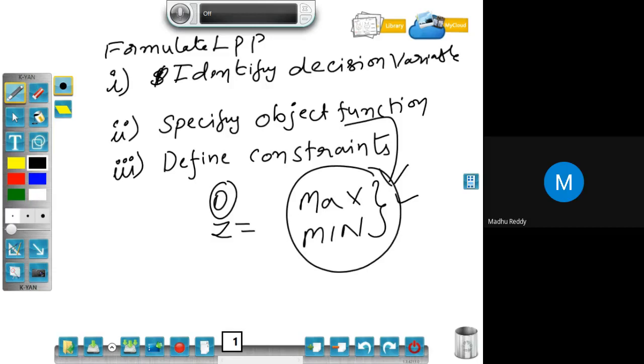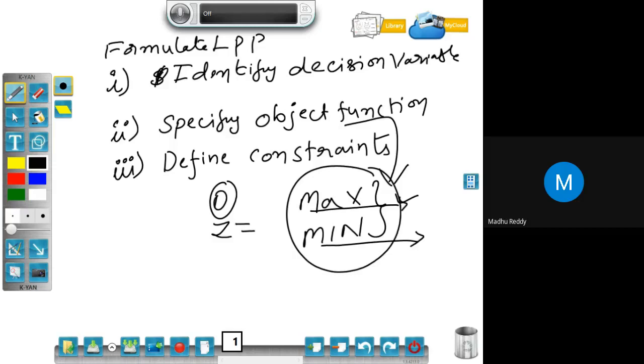When is the function a maximization function or a minimization function? Whenever a problem gives you a word related to profit, always remember one thing: we are discussing a manufacturing company.